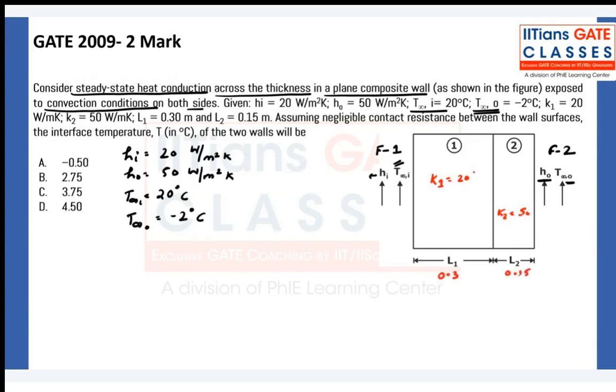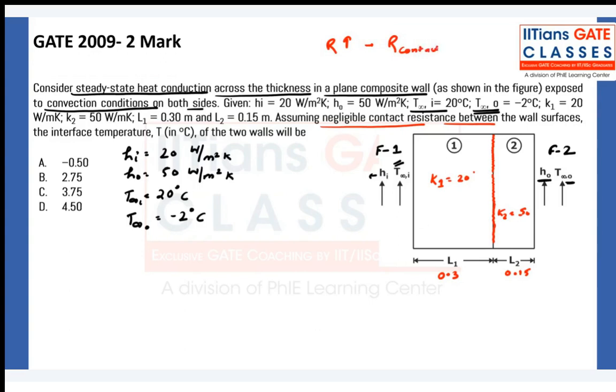I'm assuming negligible contact resistance between the wall surfaces. You see, there is one more concept called contact resistance. In between two bodies, there can be some air gaps or voids, so the resistance increases, and this resistance is called contact resistance.